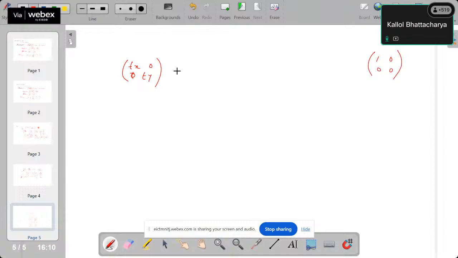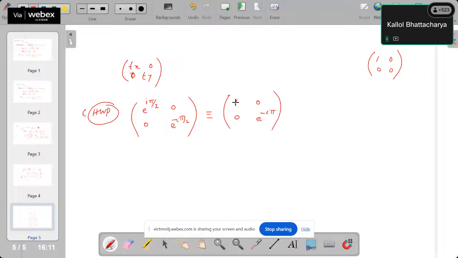What about if it's, let's say, a quarter wave plate? Let's say a half wave plate. Let's start from a half wave plate. If it's a half wave plate, then there's the phase difference between the components, okay? So this is e to the power i pi by 2, 0, 0, e to the power minus i pi by 2, which is equivalent to 1, 0, 0, e to the power minus i pi.